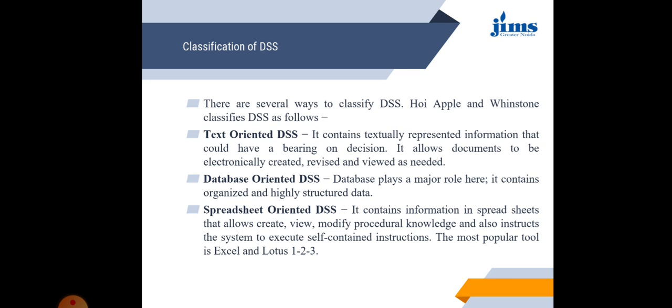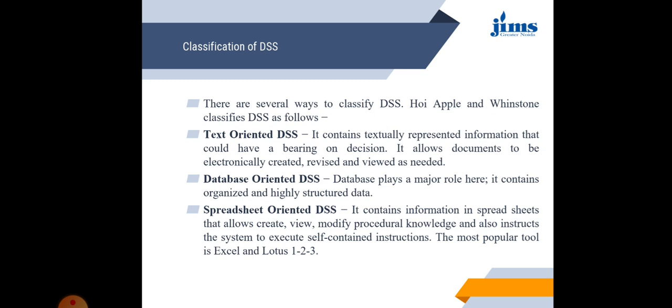The database is highly structured and organized. Spreadsheet oriented DSS: spreadsheets means Excel sheets. It contains information in the spreadsheet that allows you to create, view and modify procedural knowledge, and also instructs the system to execute self-contained systems.